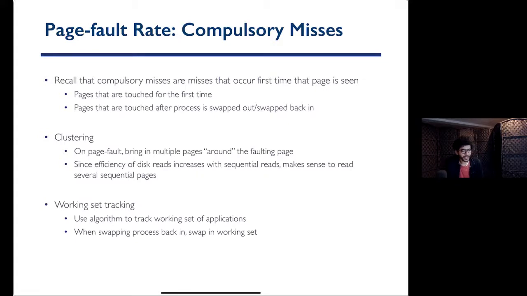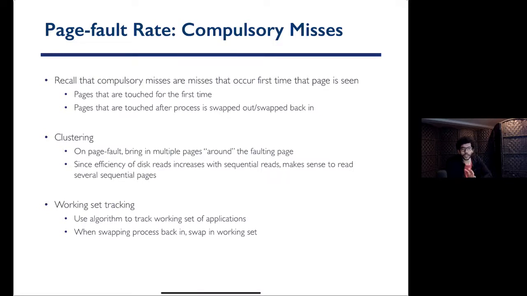So this slide is basically talking about prefetching. Basically the idea is that you could prefetch pages, and the way you could do it is that if you get a page fault for a page, you could assume that probably the application is going to ask for pages that are close by.